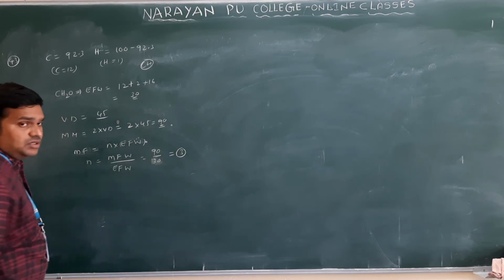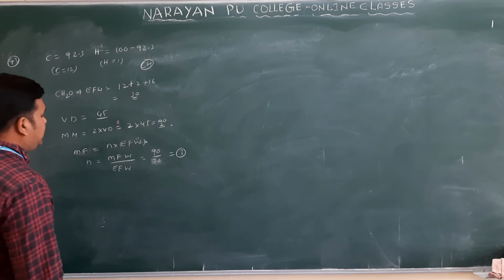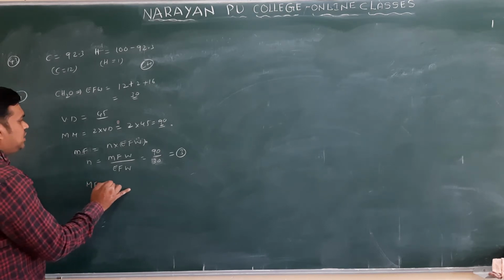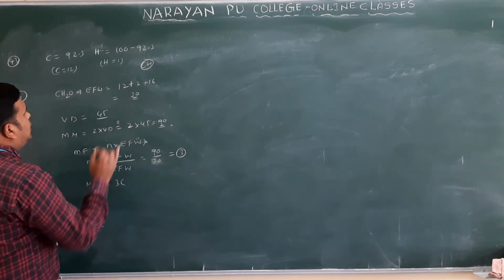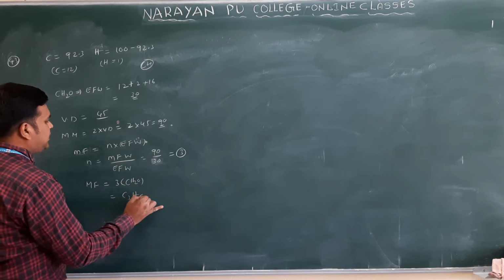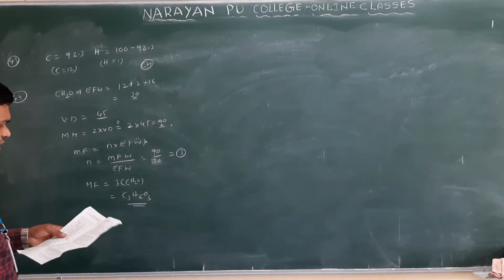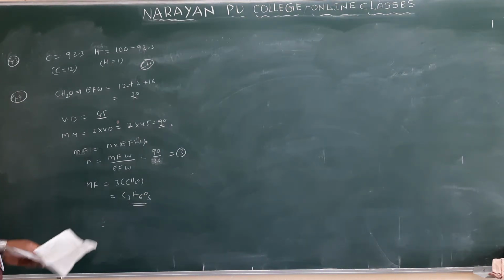What value do we get? 3 only. Okay? Now we can find the molecular formula. Molecular formula is equal to 3 into the empirical formula CH2O. From this you will get C3H6O3. So where C3H6O3 is there, you will take option 4 for this question.